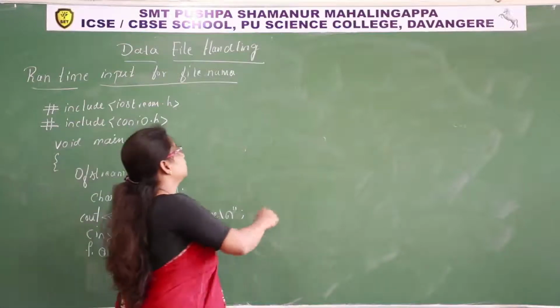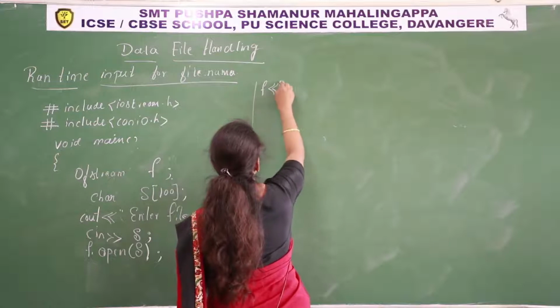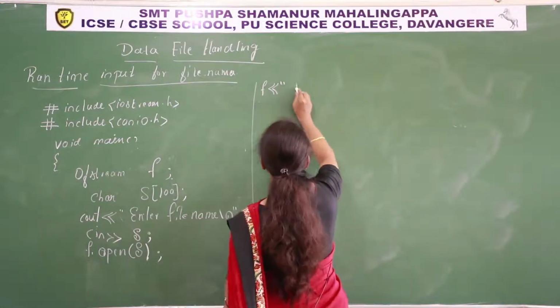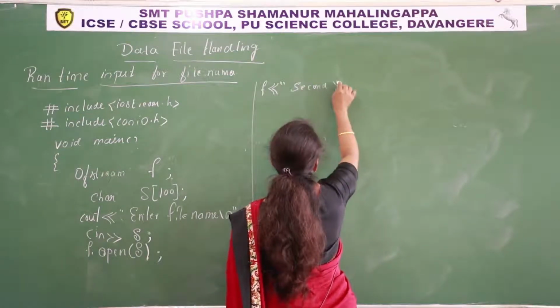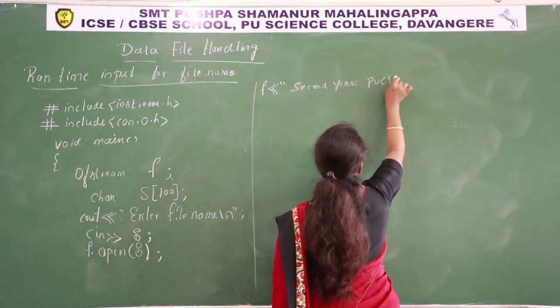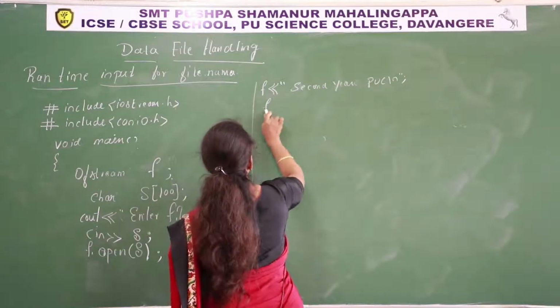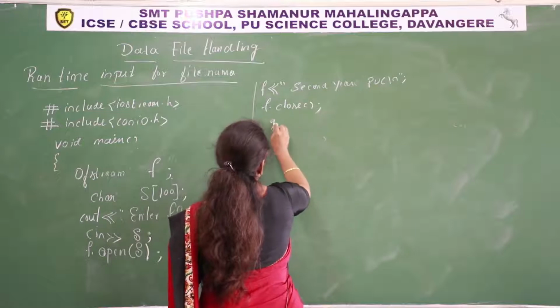After that I'll write some text here. f insertion within double quotes, second year PUC. f dot close. getch.